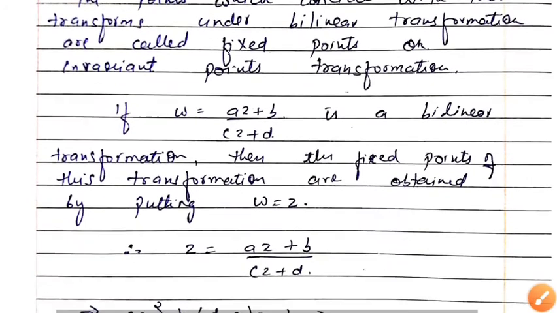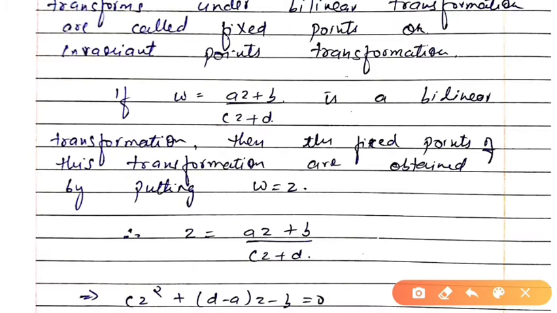Now we know that w equal to az plus b upon cz plus d is bilinear transformation. Then we can obtain fixed points by putting w equal to z. What we will do? We will replace w by z over here.